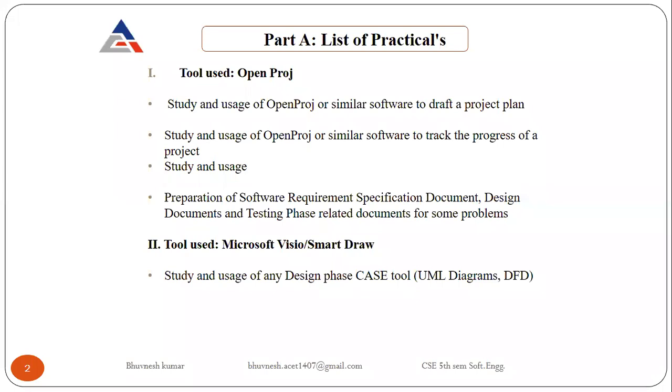And that is our second concept, and you can say that is your next practical, and that we will perform in a tool that is Microsoft Visio. The tool name is Microsoft Visio, or it can be drawn in SmartDraw. And these tools are used to draw your UML diagrams. UML is Unified Modeling Language, and DFD is data flow diagram. Okay.